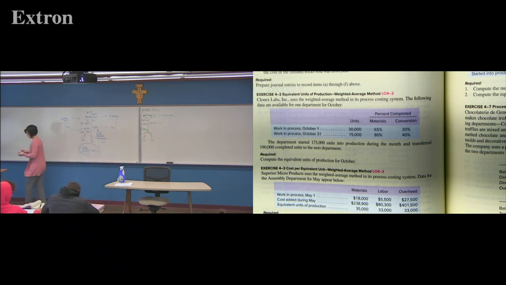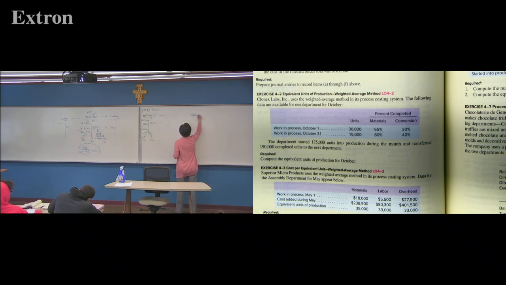So let's do our little table. So I got materials. And the problem tells me compute the equivalent units of production for October. Okay? So I start off by identifying the units that were completed and transferred out.